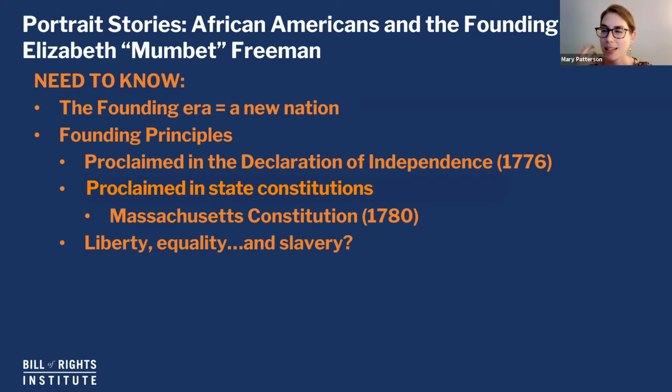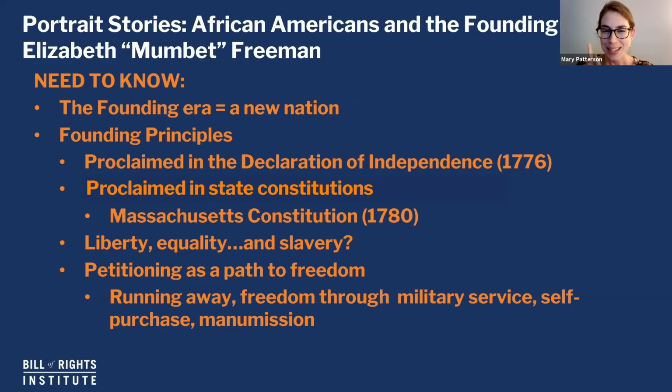So we have these ideas of liberty and equality, but we also have slavery. How can we reconcile this, right? If we're talking about African Americans in the founding era, we have these principles, but we also have this massive violation of these principles of liberty and equality, and that is the existence of slavery.